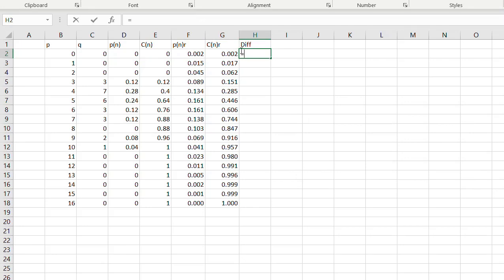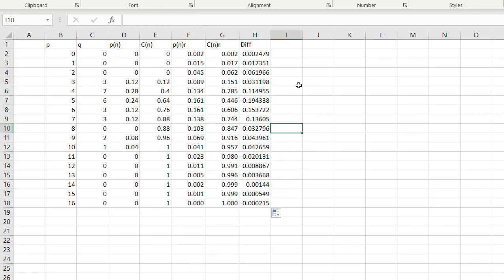All right. It is equal to this number minus this number, right? It is the absolute value of the difference between what we would get for cumulative probability under random minus what we get for cumulative probability under the observed, right? And so we're just going to drag this down here.